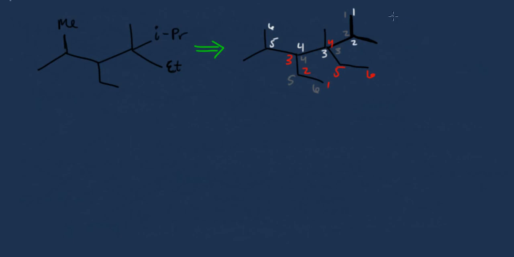So with our white numbering, we can notice we have a substituted group at the 2 position, so tally mark for the 2. And then we have another substituted group at the 3 position, and there are 2 substituted groups, so we're going to do 2 tally marks. Then we have another substituted group at the 4 position, and a last substituted group at the 5 position.